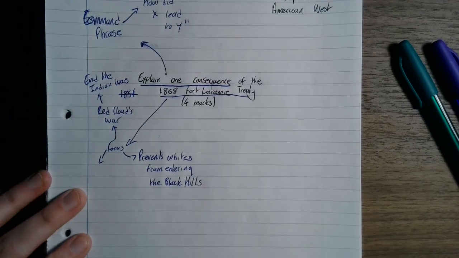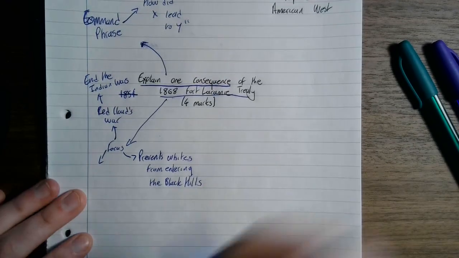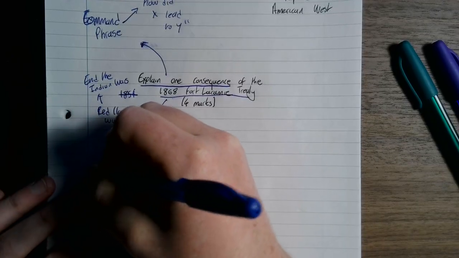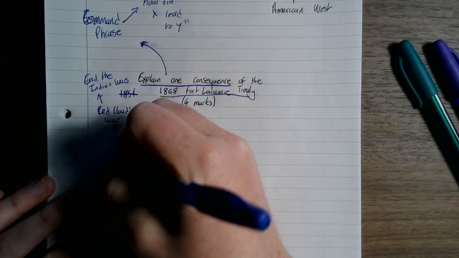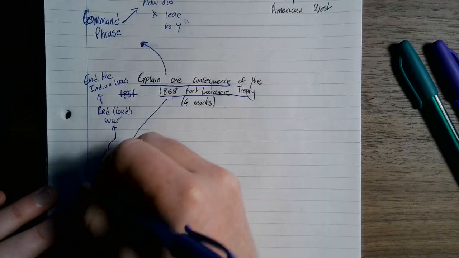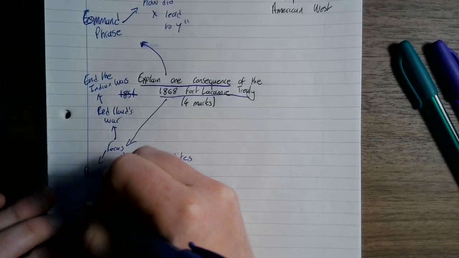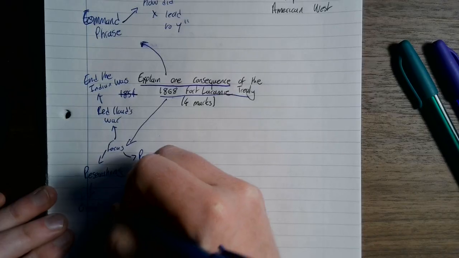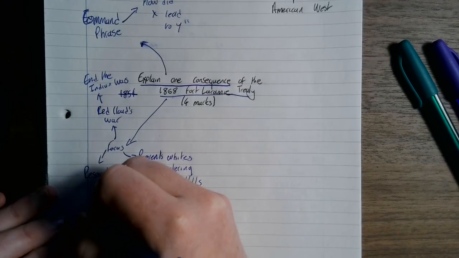And with that in mind, as you can imagine with all of these treaties, it creates reservations. And the huge one here is that it creates the Great Sioux Reservation.